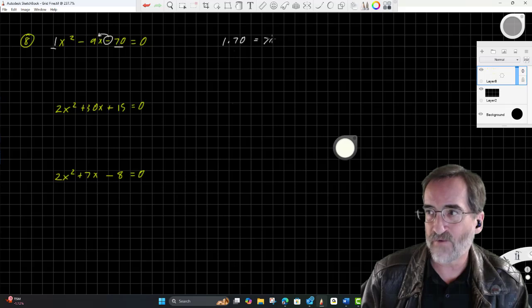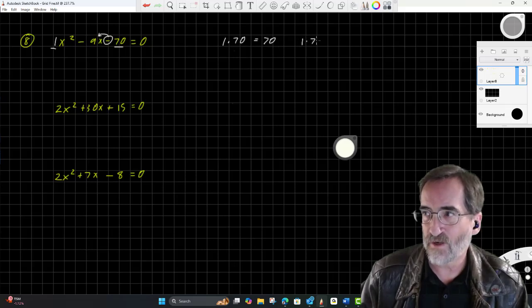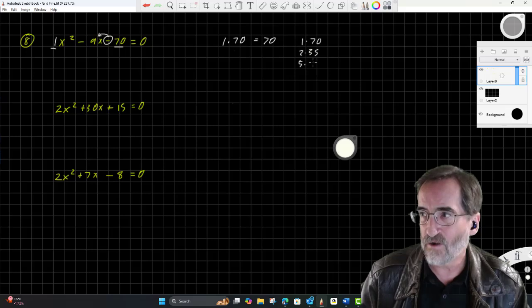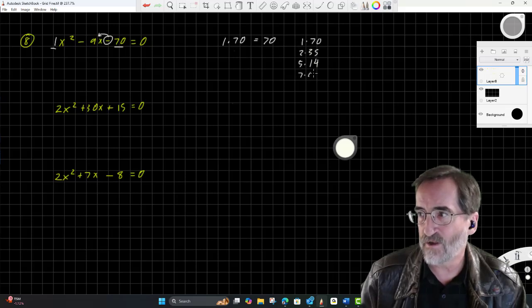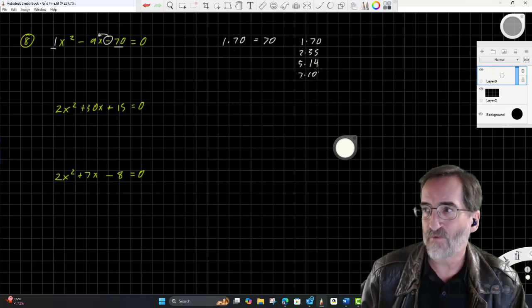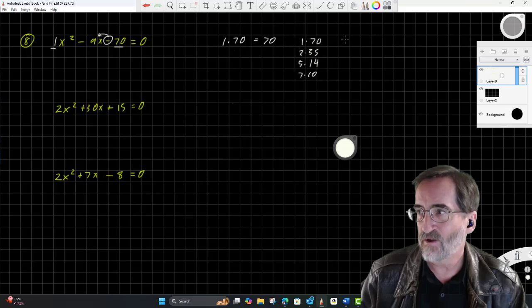Now 1 times 70 is 70. So things that multiply to make 70 are 1 times 70, 2 times 35, 3 doesn't go, 4 doesn't go, 5 times 14, 6 doesn't go, 7 times 10, and I think that's about it. Now which one of these has a difference of 9?